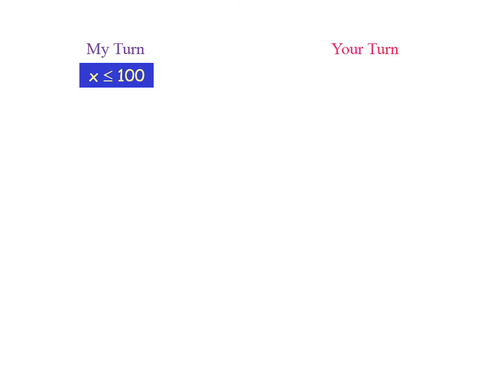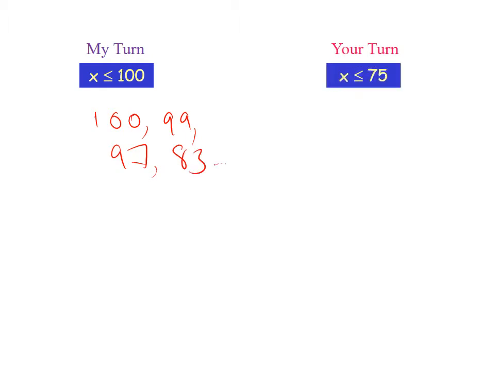X smaller than or equal to 100. Well, X could be 100 itself. It could be 99, 97, 83, and so on. Your turn. X smaller than or equal to 75.